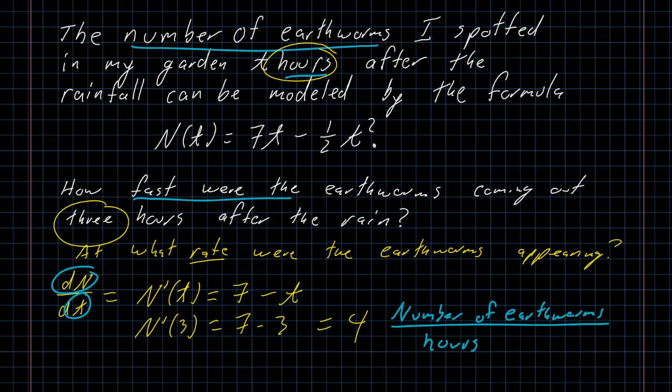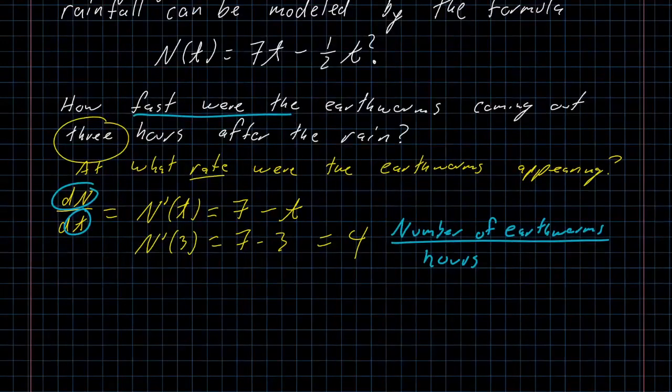So number of earthworms divided by hours, we could interpret as 4 earthworms per hour.